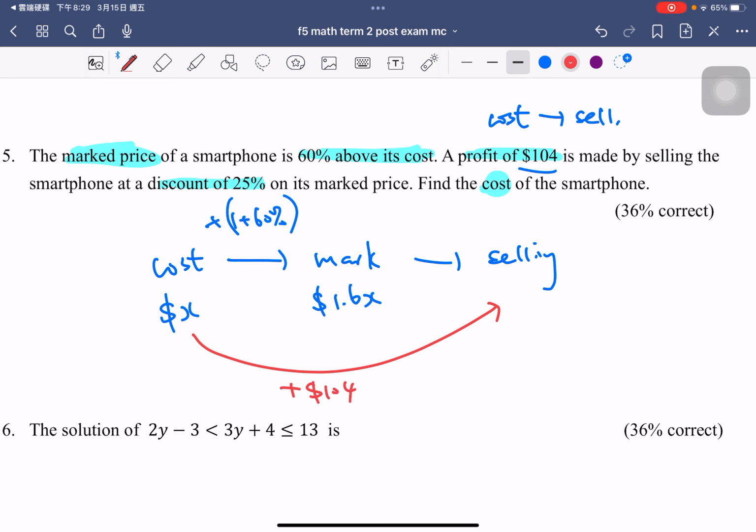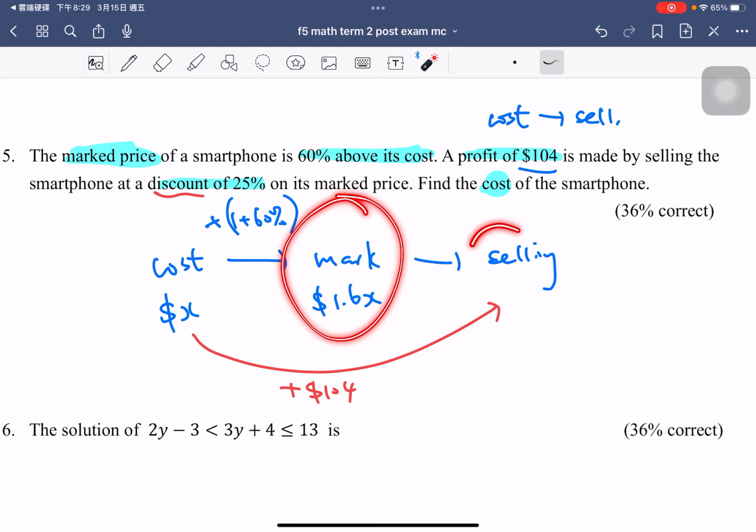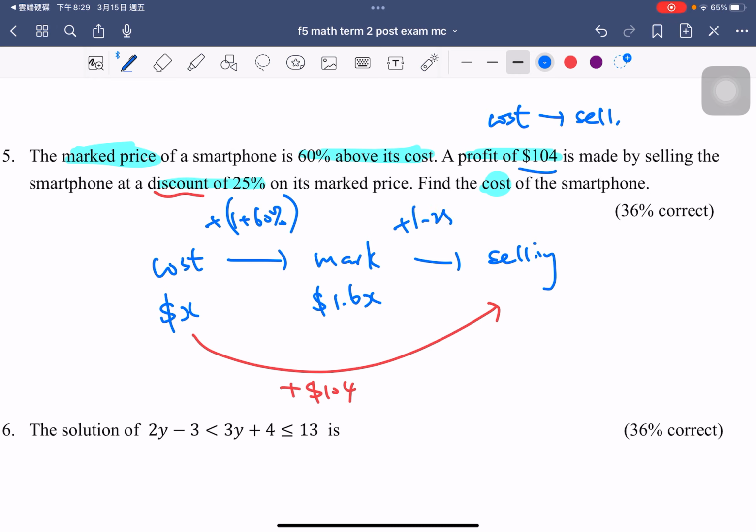And then we have a discount. This discount is calculated by using the mark price together with the selling price. So the discount is starting from the mark price, isn't it? So for the mark price, we want to times 1 minus 25%, then we can have our selling price. So the selling price is going to be the mark price times 0.75, because 1 minus 25% gives you 0.75. So we have 1.6x times 0.75.